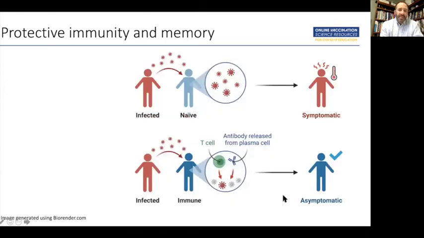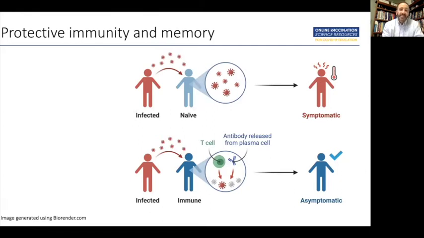So let's go back to our diagram of what happens to the person who has not yet encountered a pathogen. As I showed you previously, if they are naive and come in contact with someone who's infected, they may become symptomatic. As their body mounts its response, they can get sick.